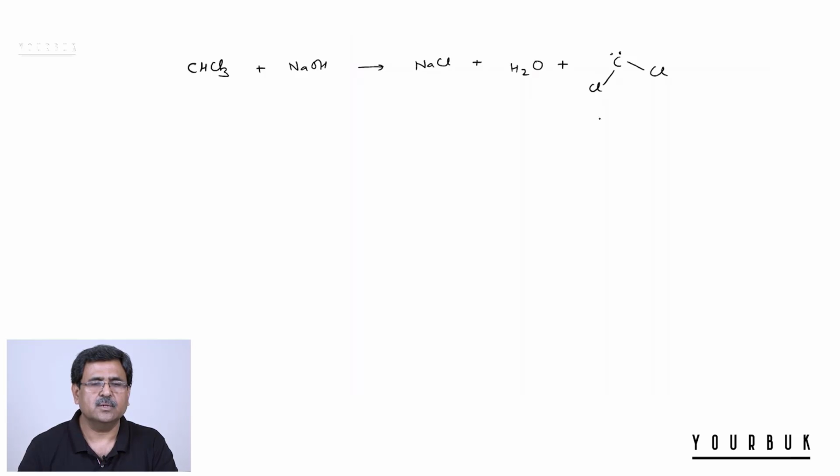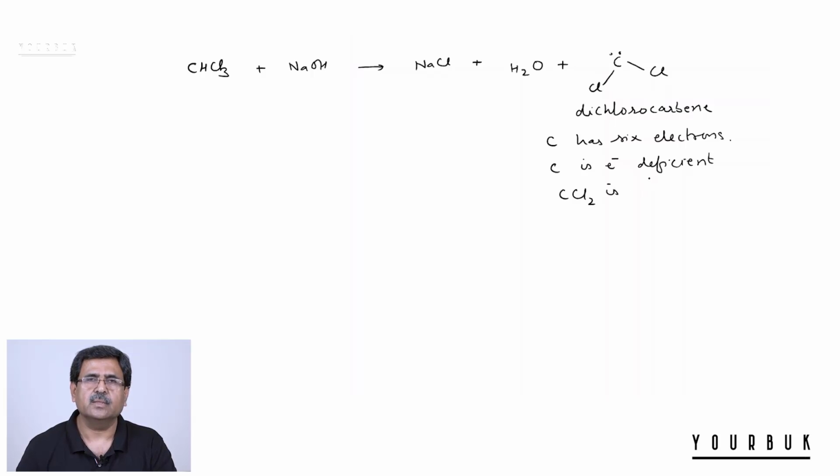Now, CCl2 is called dichlorocarbene. In this case, the carbon has only 6 electrons, so this carbon is electron deficient. So, this dichlorocarbene is the electrophile in the Reimer Tiemann reaction.